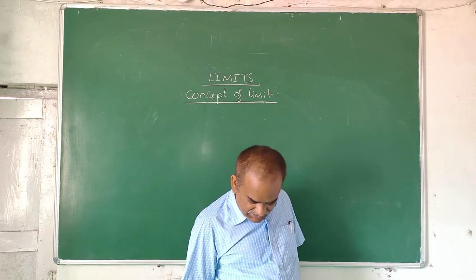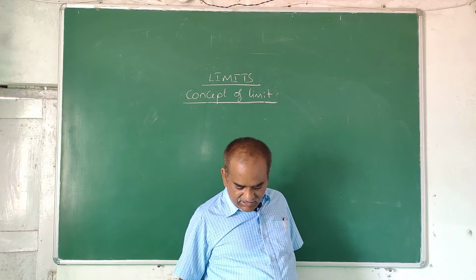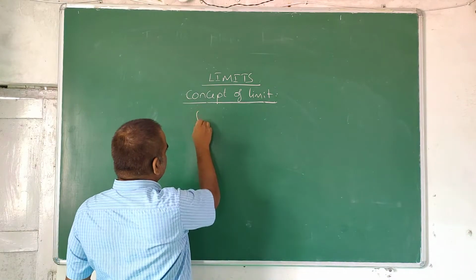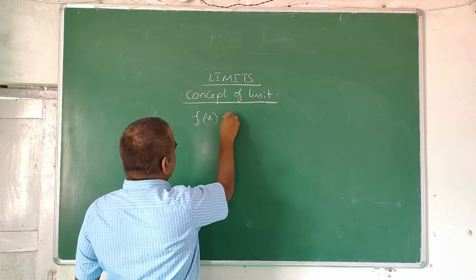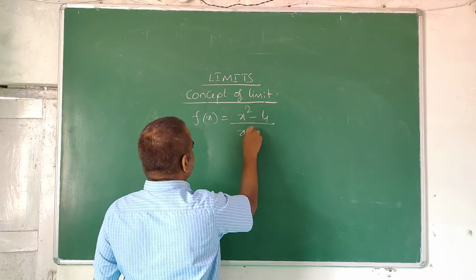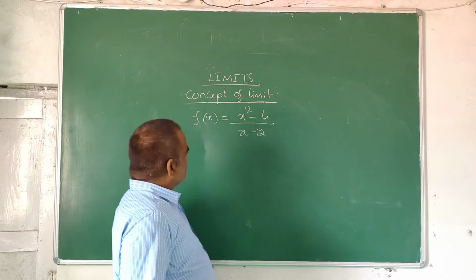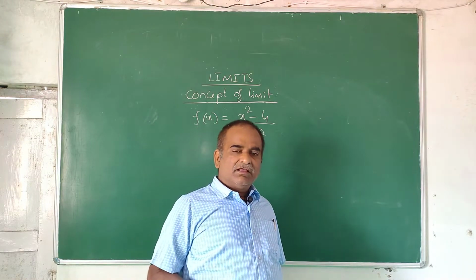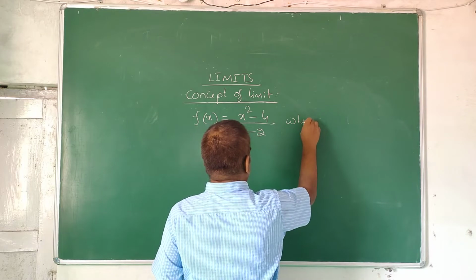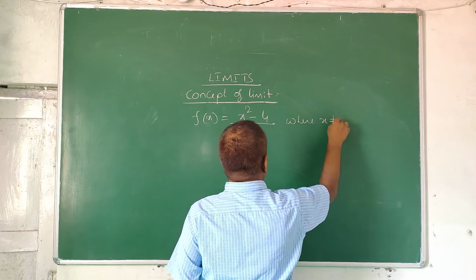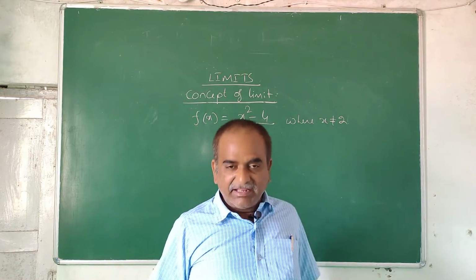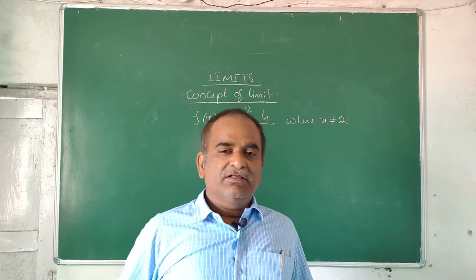See, let us take a function f of x as x square minus 4 by x minus 2, where x is not equal to 2, because it is a real function.